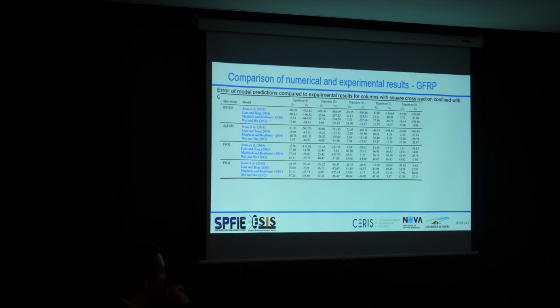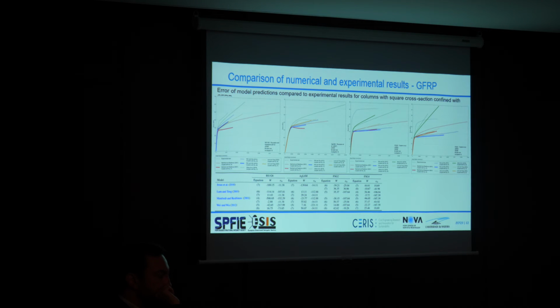So for the square columns with GFRP, repeating the process, I can see here the comparison between the experimental test and the models coupled with the equations. You can see that with the exception of the second one over here, we have some models that are closer to the experimental response.